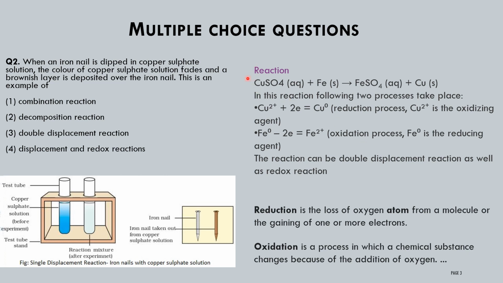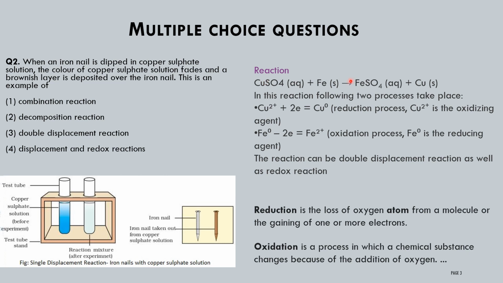Here you can observe copper reduction happens because it loses oxygen and gains electrons. In the case of iron, an oxidation reaction occurs because it accepts oxygen and loses electrons. And here one more thing you can observe: in a single reaction you can observe both oxidation and reduction.